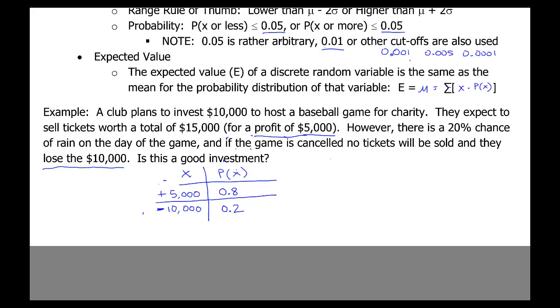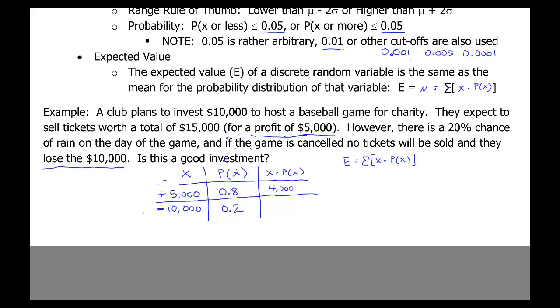So the expected value is going to be the sum of x times the probability of x. And in this case, we only have two things to calculate. So we can take x times the probability of x. We'll just make another column coming over. So 5,000 times 0.8 would give you 4,000.